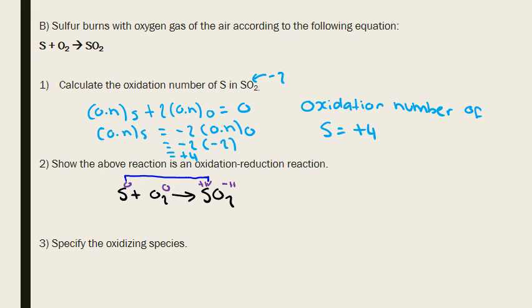So therefore the oxidation number has increased. This is oxidation, because oxidation is the loss of electrons. And then from here to here, oxygen went from 0 to -2. So this shows that the oxidation number has decreased. So therefore reduction, because reduction is the gain of electrons.